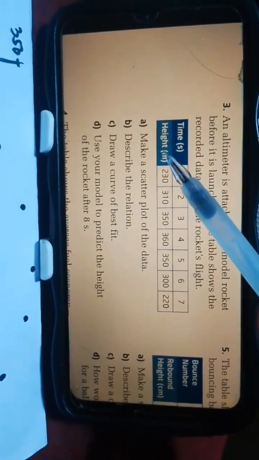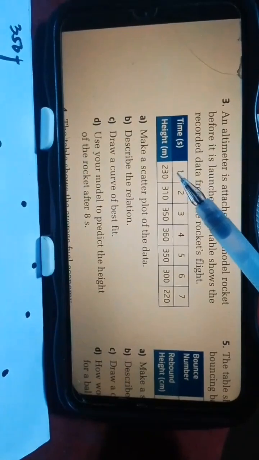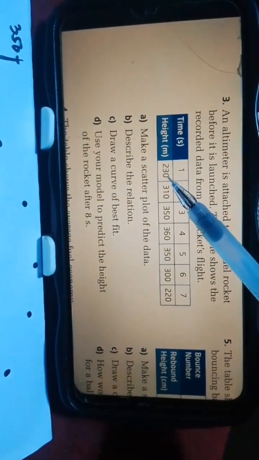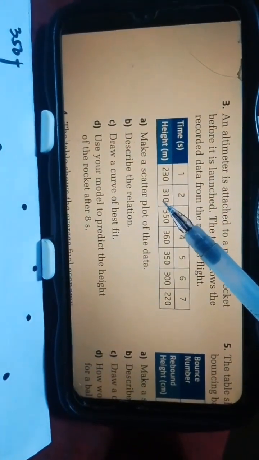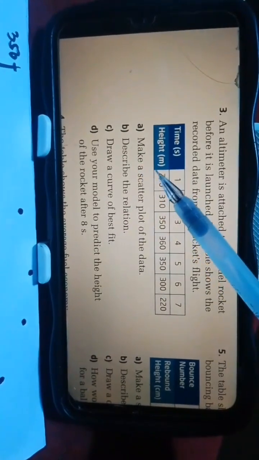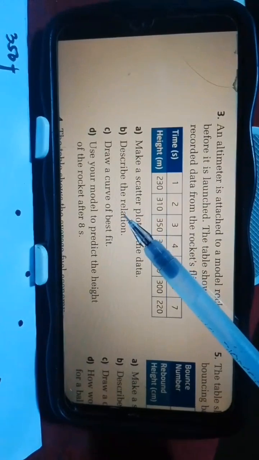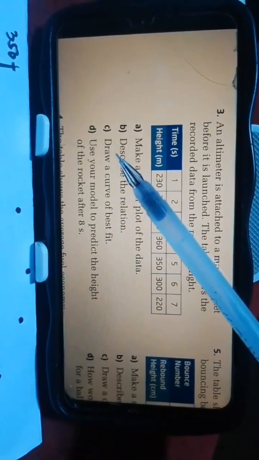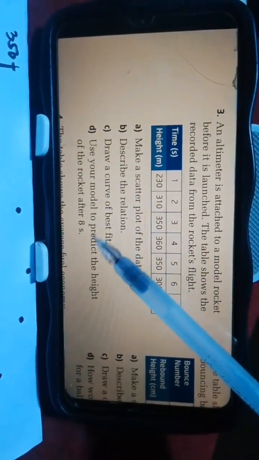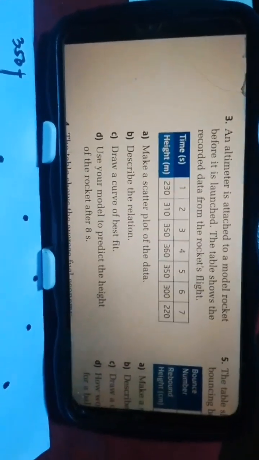Also, we have height in meters. At 1 second, it is at 230 meters. At 2 seconds, we have 310 meters and so on. Our task is: A, make a scatter plot of the data; B, describe the relation; C, draw a curve of best fit; and D, use your model to predict the height of the rocket after 8 seconds.